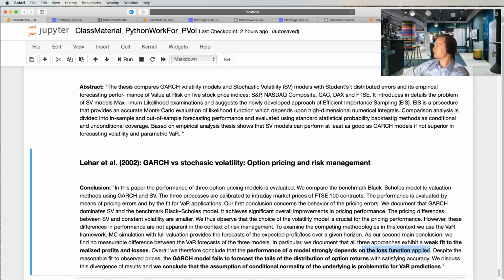Goes back to the question above about what is the best vol model. It first depends, that's a takeaway. What are you trying to achieve? It's the loss function that matters. Okay. The GARCH model fails to forecast the tails of the distribution of option returns.